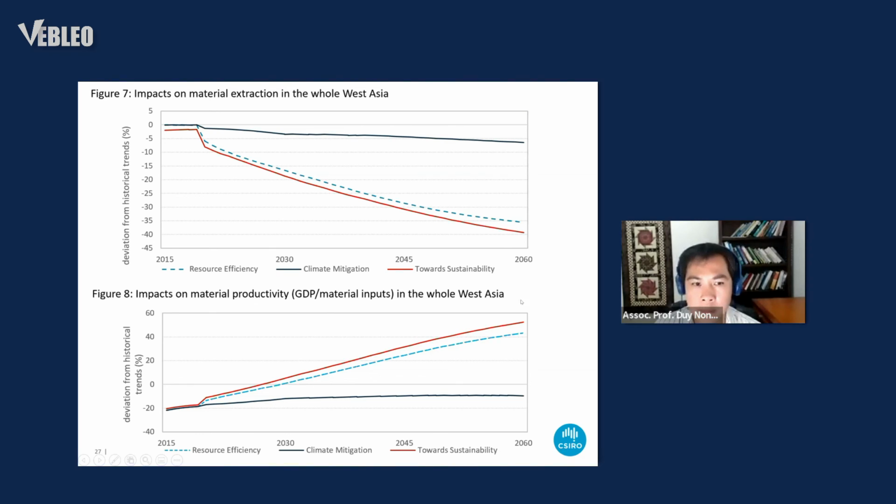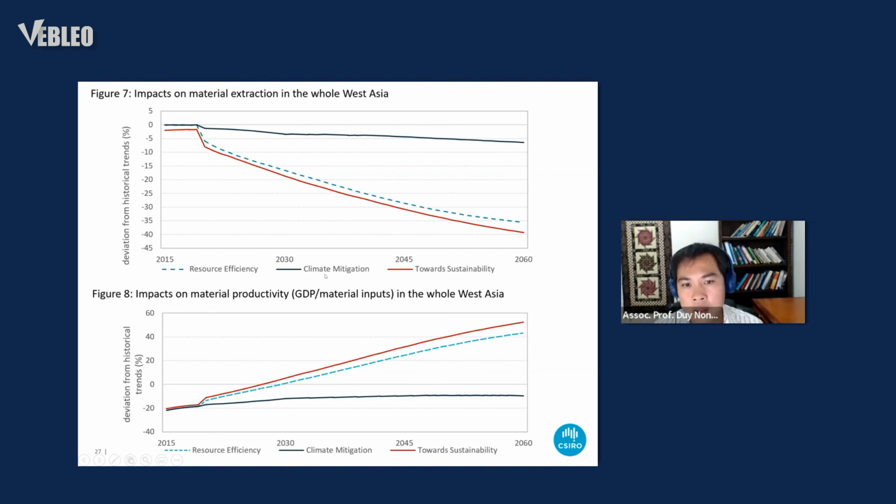As you can see, the resource efficiency scenario, with increased productivity in using and producing material, will significantly reduce the material extraction or material demand in the region.